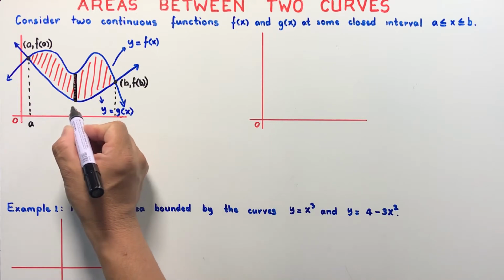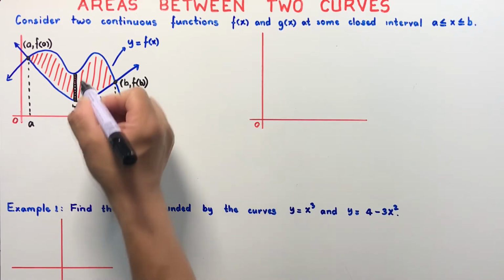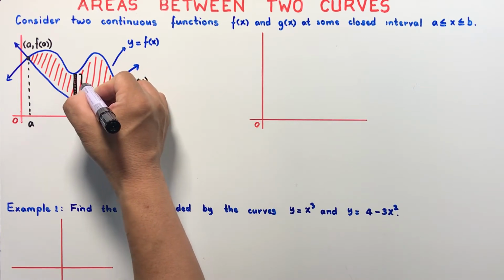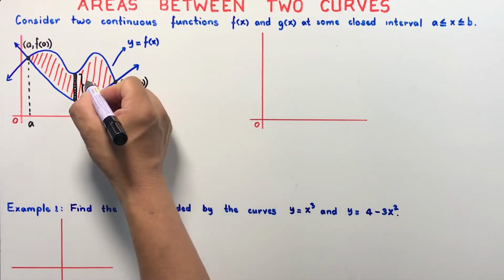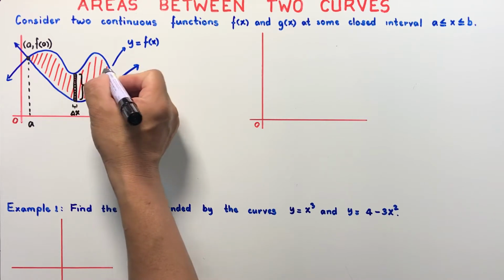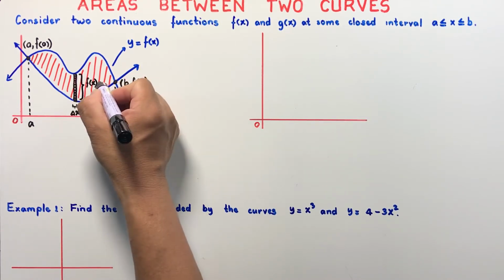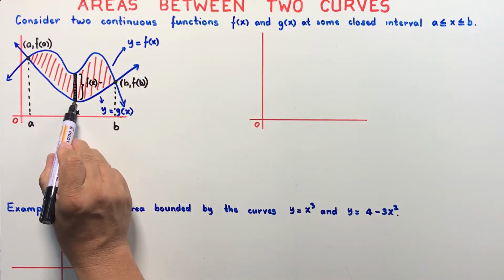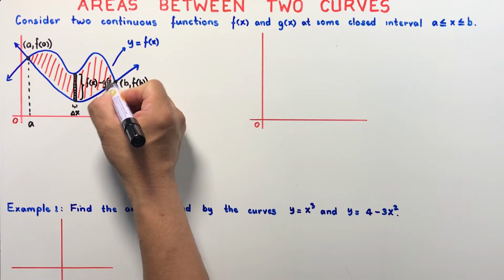This slice has a thickness of delta x, and the length of this arbitrary slice is the upper boundary of this slice, which is the y of this curve, the f, so this is f of x, minus the y of this curve, which is the g of x.